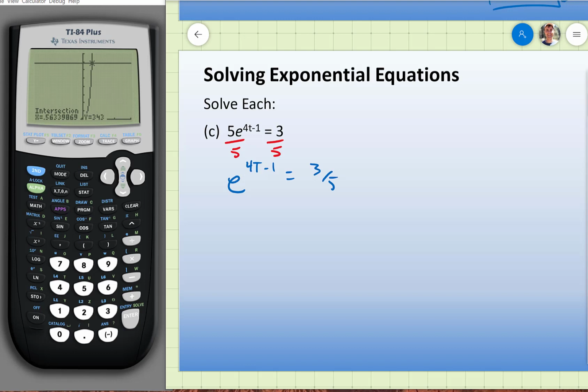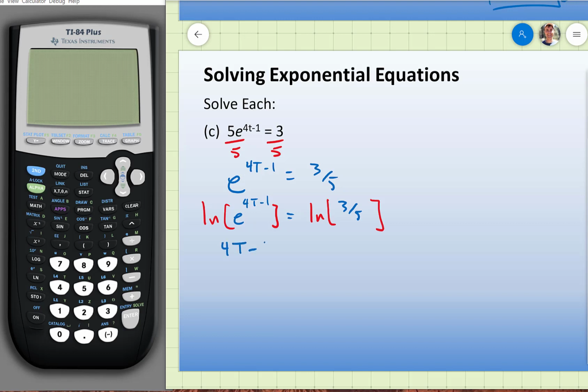Now, since we've got the exponential base e isolated, I'm going to use the natural log. So I got natural log on both sides. Now the natural log and the exponential will cancel out.